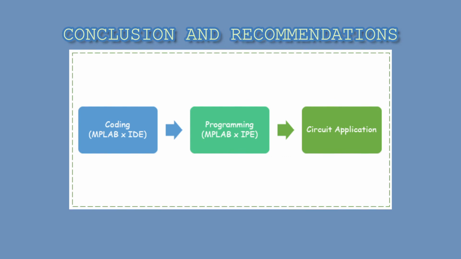This is a process where we transfer the coded program into our microcontroller or our integrated circuit. Programming is done to the microcontroller by the software MPLAB XIDE. Lastly is circuit application, wherein you put your microcontroller on an actual circuit and see if its results reflect the coded program.